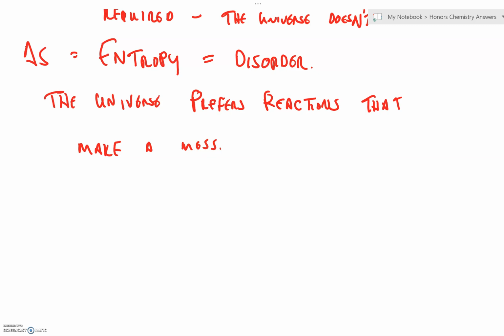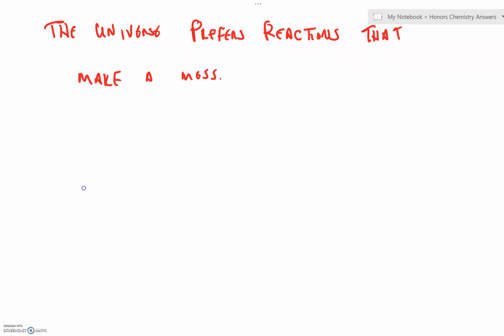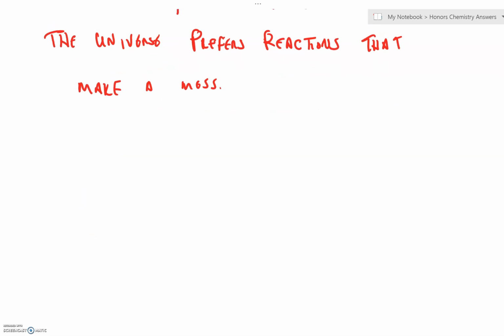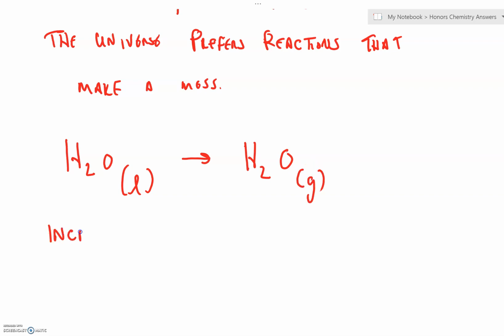We're not talking energy here, all right? So all we're talking about is disorder. So in terms of how the universe works, the reaction of water as a liquid going to water vapor is definitely an increase in disorder because we're going from a liquid, which you can probably remember is easy to contain.